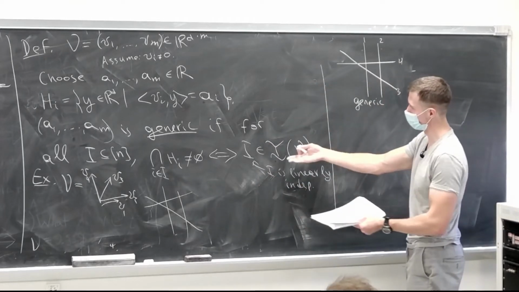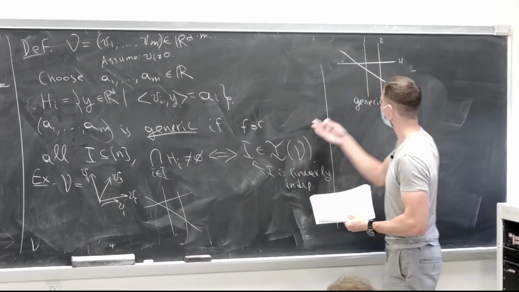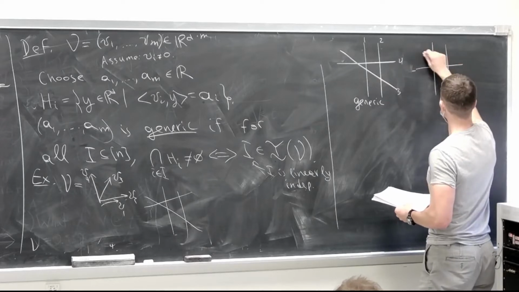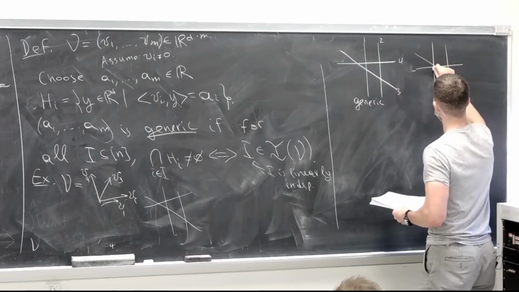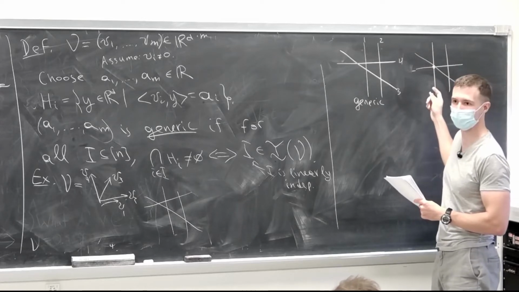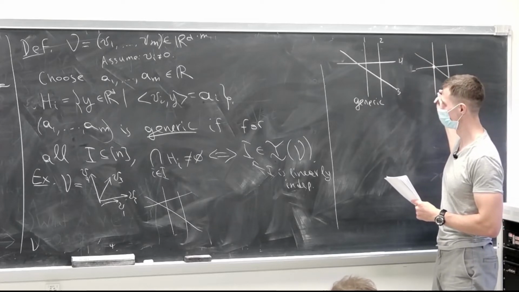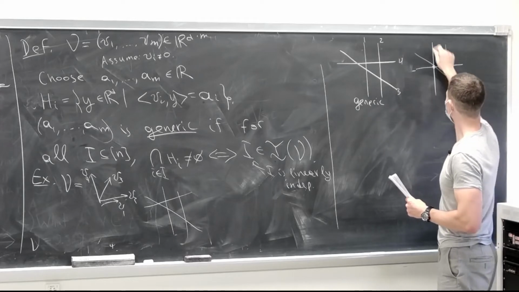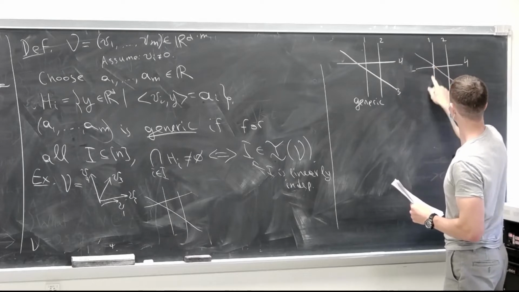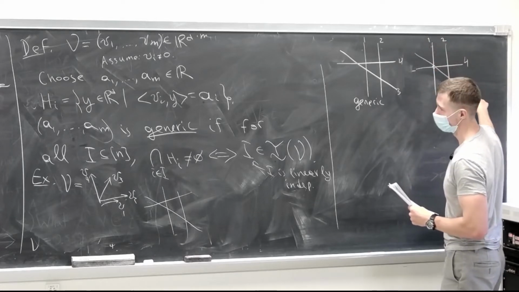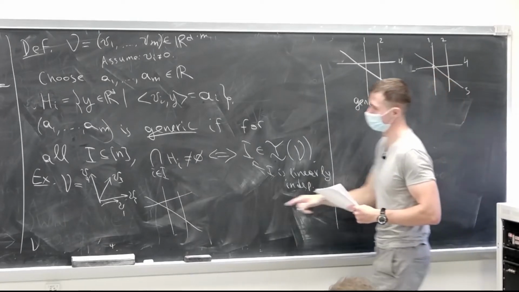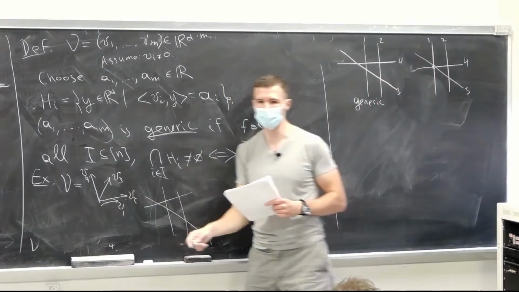The claim is that no other intersection is non-empty. Let me give you another example. Is this generic or not? No, why not? I have three hyperplanes intersecting, 1, 3, and 4, but V1, V3, and V4 are not linearly independent.